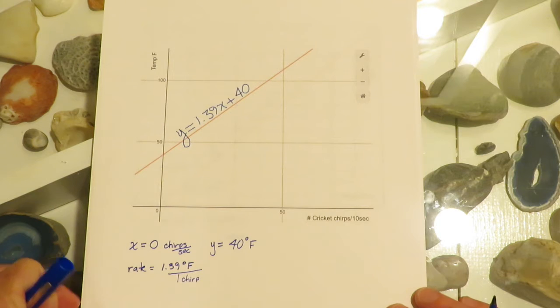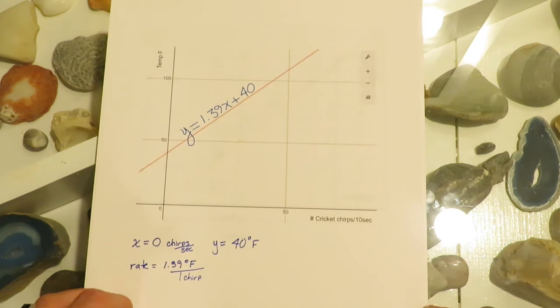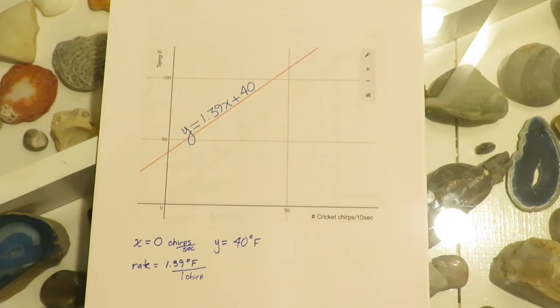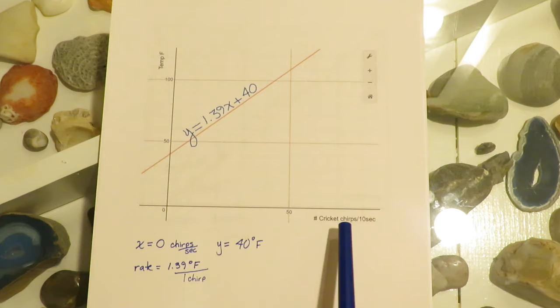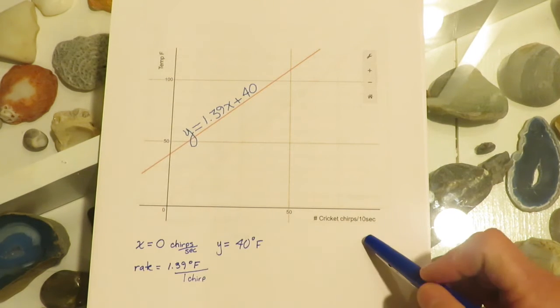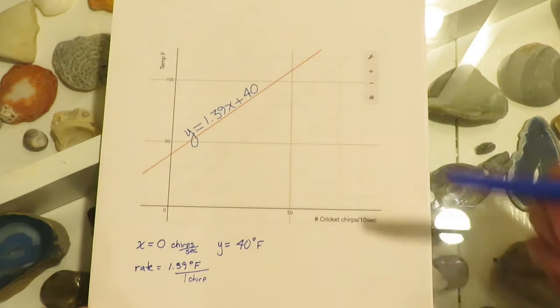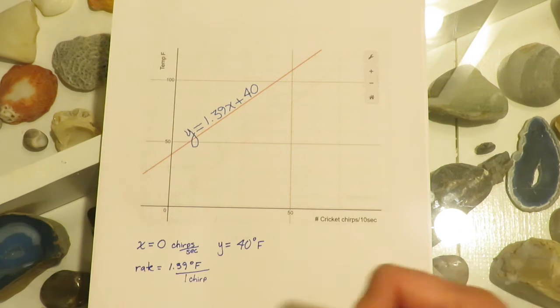This is kind of a famous example in which this real data collected showed us this pattern, that the number of times crickets chirp is associated with the temperature in a very tight linear form. So x in this case is counting number of cricket chirps per 10 seconds, and y is the temperature in degrees Fahrenheit.